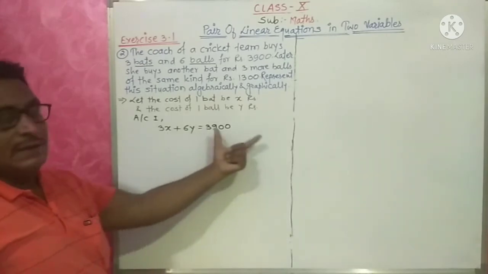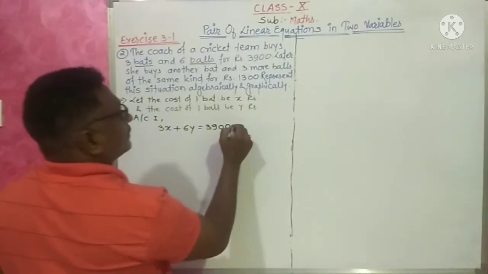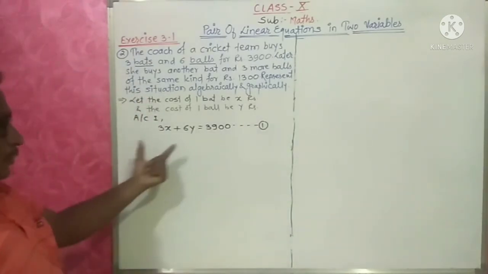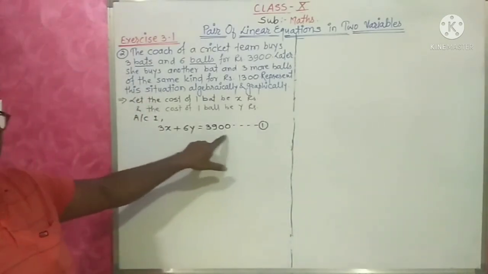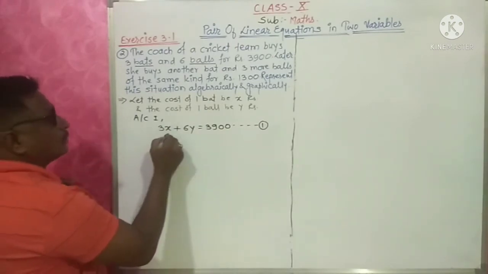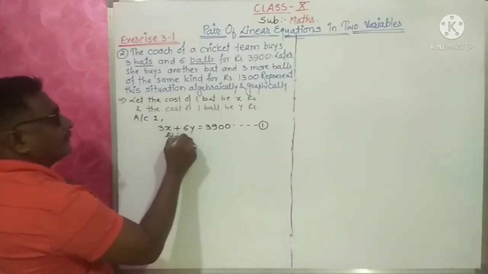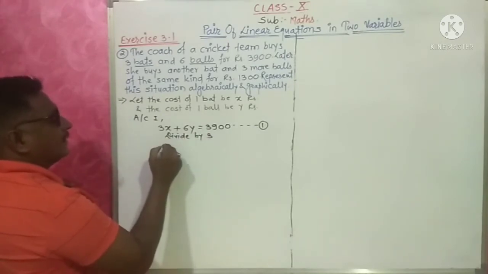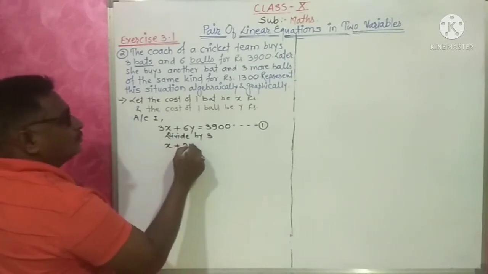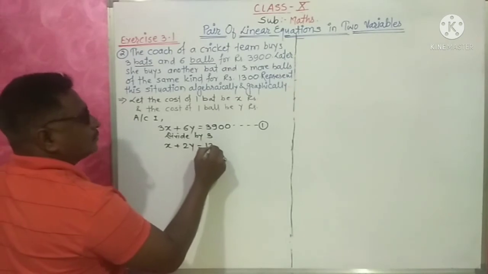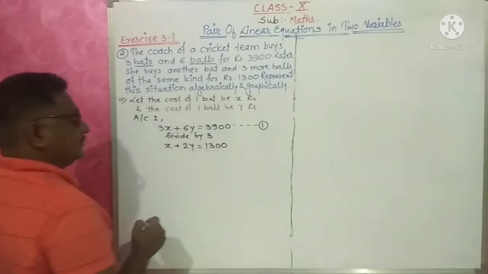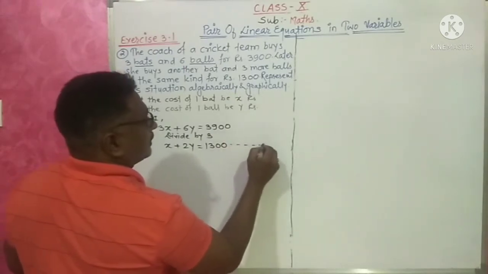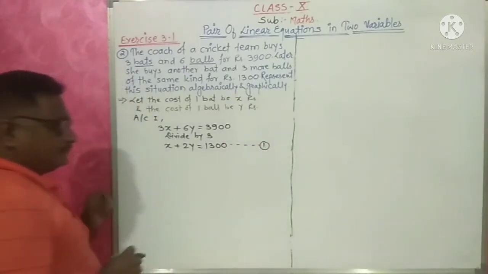So this is equation number 1. Now you can simplify, divide by 3, since 3 is common. So what will we get? x plus 2y equals 1300. So this is equation number 1.